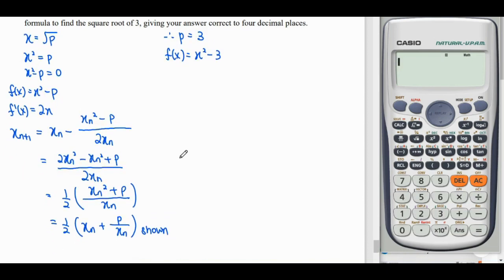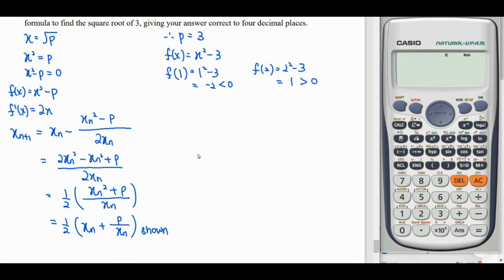Before we start using this formula, we need the initial value. Therefore, we are going to use our algebraic method to find the first initial value. We find the value where x equals 1, this is negative, and when x equals 2, this is positive.